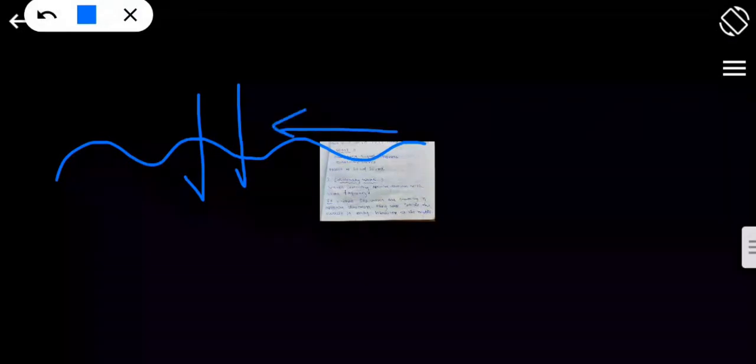When they are returning, at that time another wave is also coming like this. I can give you this figure somewhere like this. Let's say this wave is returning, and at that time another wave is coming in this direction. What will happen? There will be a collision.